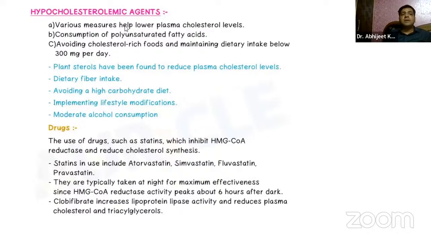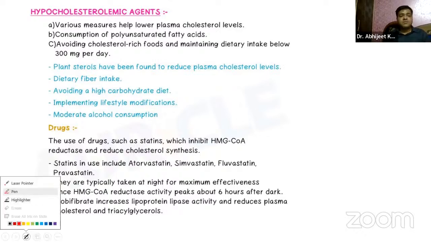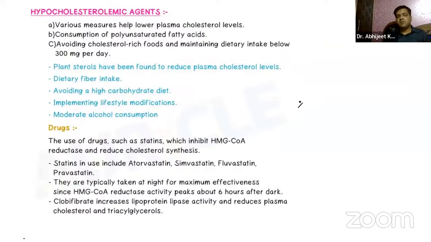Now, coming on to hypocholesteremic agents, right? Whenever a patient comes to me with a high cholesterol level, or cholesterol more than 200 mg per deciliter, when we discuss the metabolism of cholesterol, only then will you be able to understand that the high cholesterol is basically reduced with the help of a drug, and these drugs are called statins, guys, right?